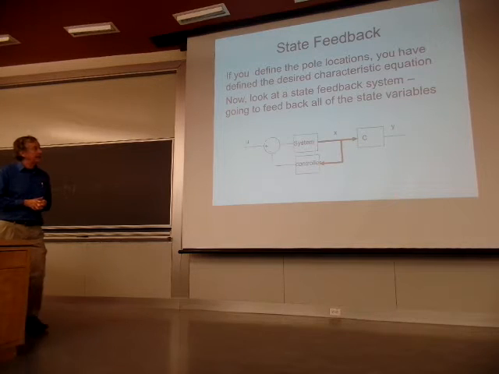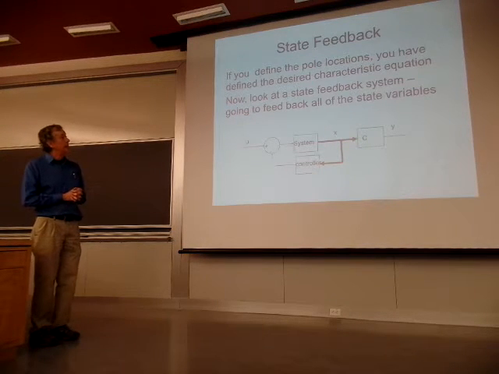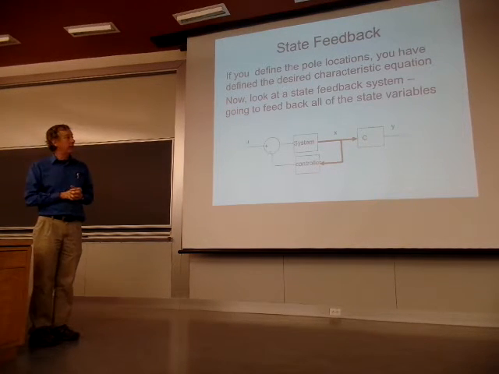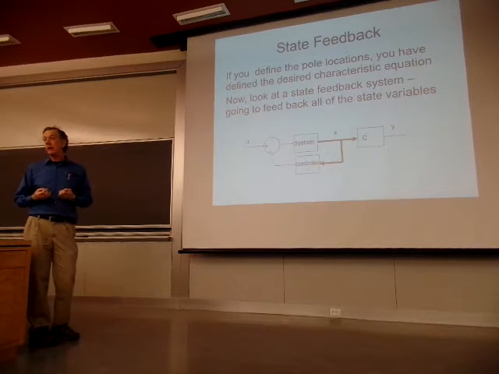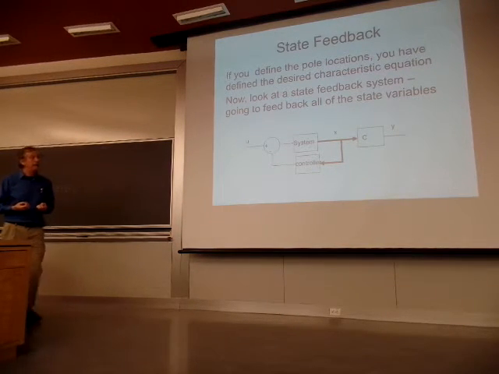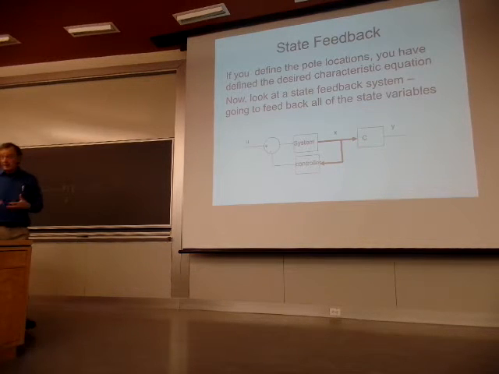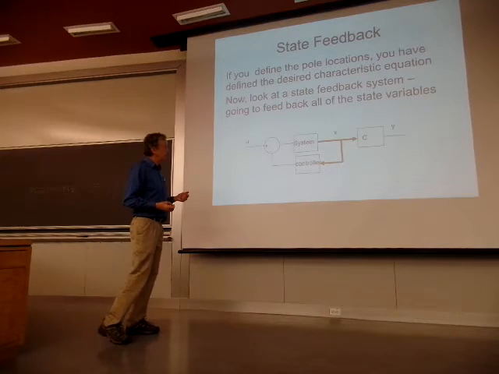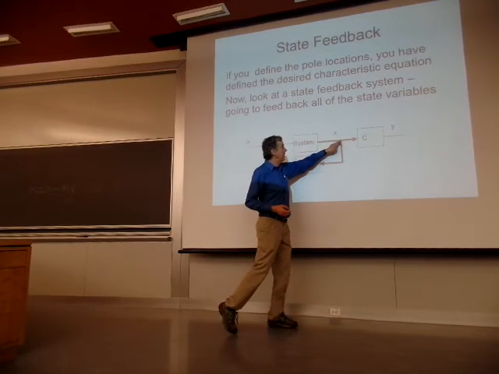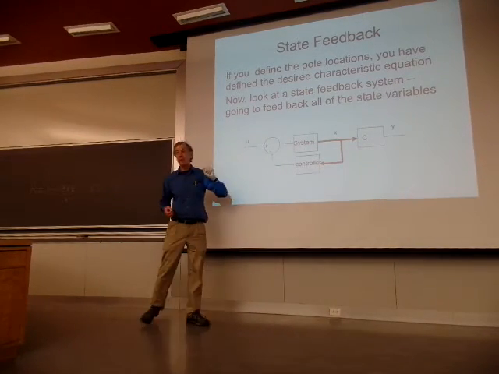So let's look at what we call state feedback. Once I've defined the pole locations, I've really defined my desired characteristic equation. Now I have to see how to implement that. The idea we'll start off with is that I will be able to monitor and observe every single state.